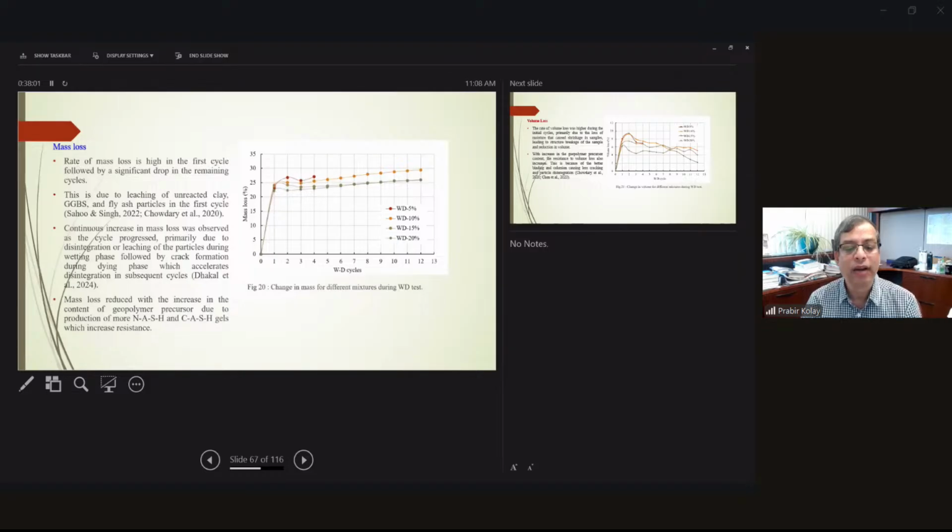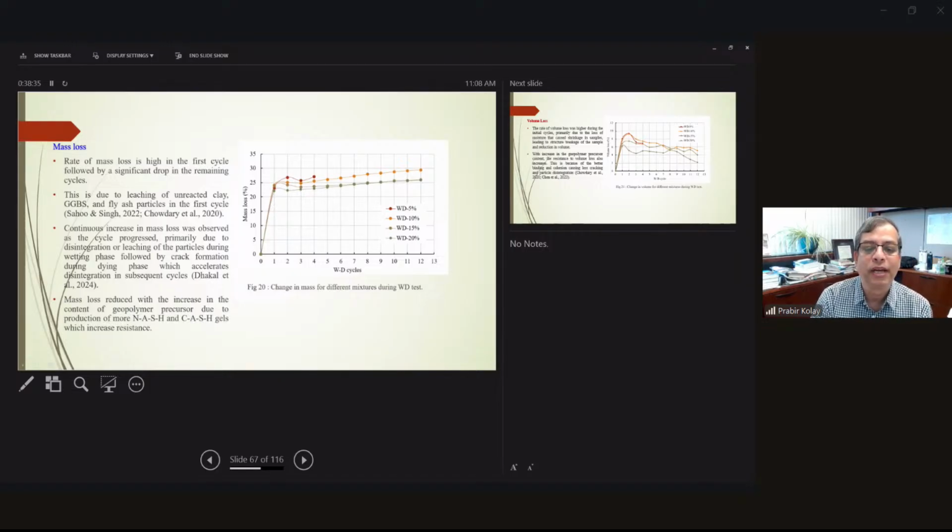If you calculate the mass loss with wetting and drying, the 5% mass loss is much higher compared to the 20% WD over here. 20% and 50% are almost the same. So we need to check which one has the mass loss. More mass loss is not good, right? Less mass loss is better.